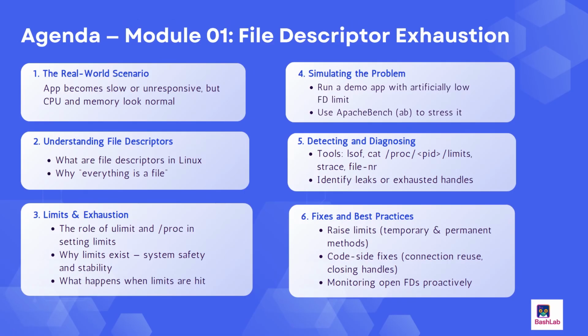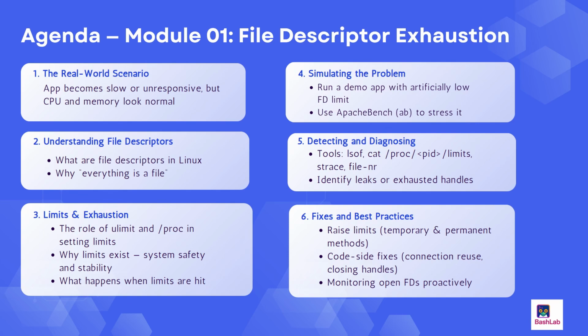Alright, so here's what we are going to cover in this module. We'll start with a real world scenario, a slow application that looks perfectly healthy from every angle. Then we'll dive into what's actually happening under the hood. We'll talk about file descriptors, what they are and why Linux limits them for every process.